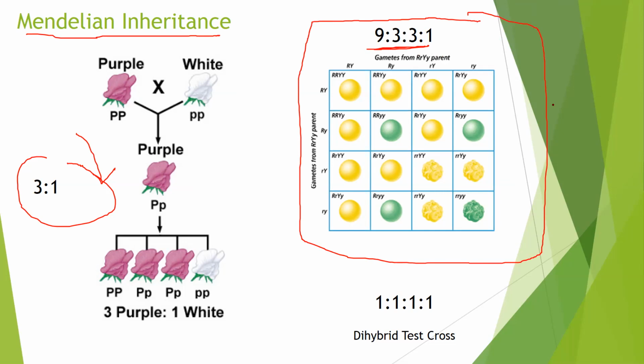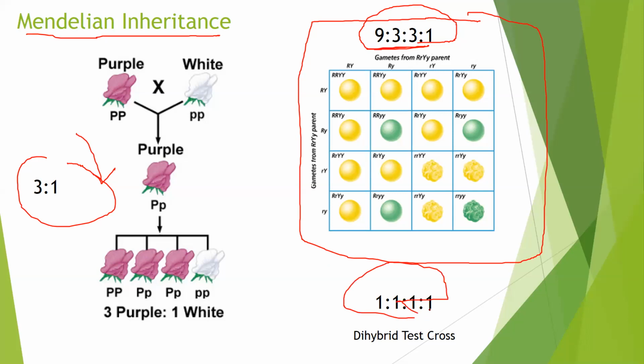Independent means they are on 2 different chromosomes, and they are doing 2 different things. There's no interaction between these 2 genes. Then, in this case, when we do the dihybrid cross, we will end up with this classical Mendelian ratio, 9:3:3:1, right? And this is the test cross ratio.